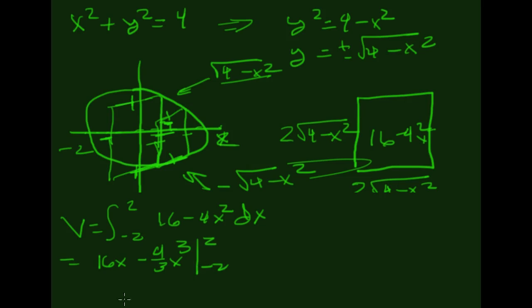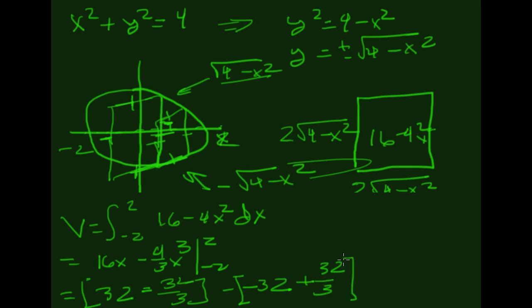Right, so this is going to give me, let's see, that's 32 minus, right? So that's 8 times 4 is 32 over 3. Minus negative 32, right? And then this one becomes plus 32 over 3.